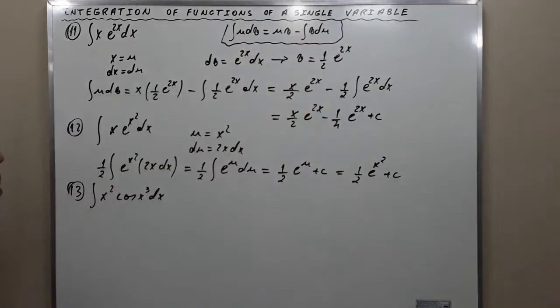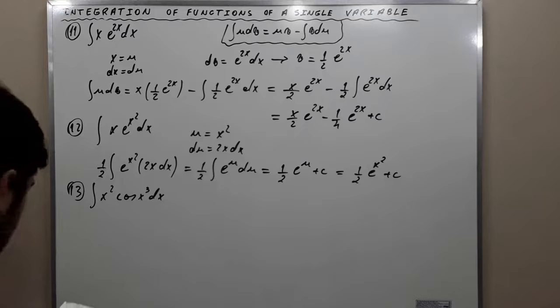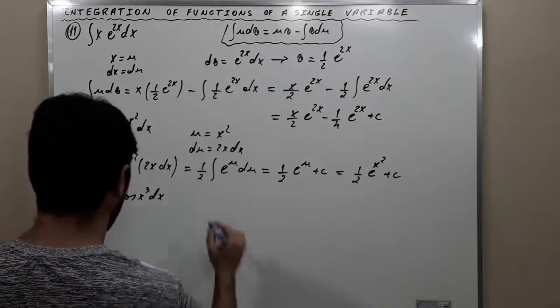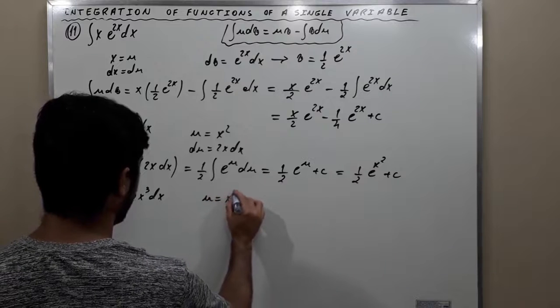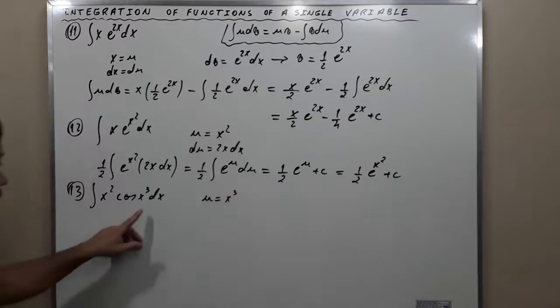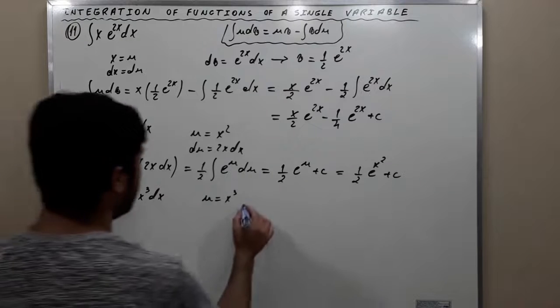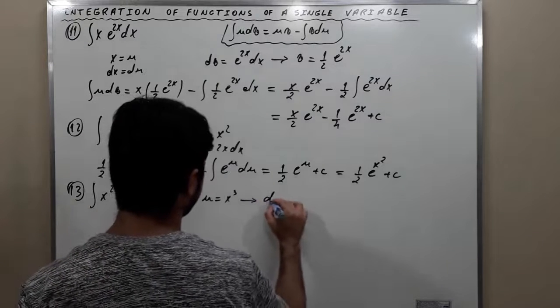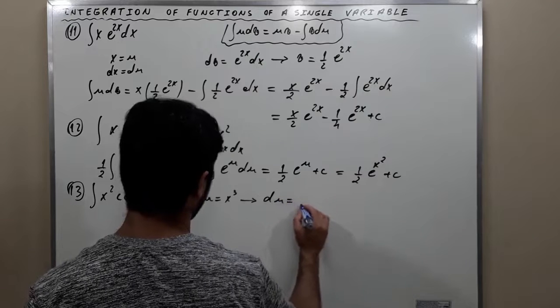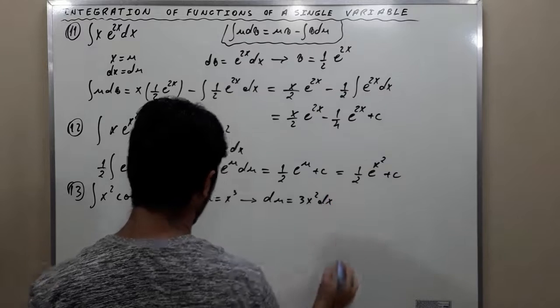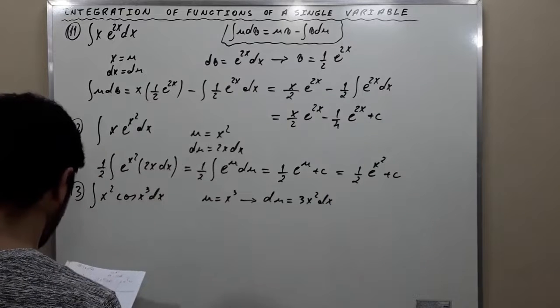The integral of u dv is equal to u times v minus the integral of v du. We are going to select that u is equal to x cubed, while du is 3 times x squared dx.